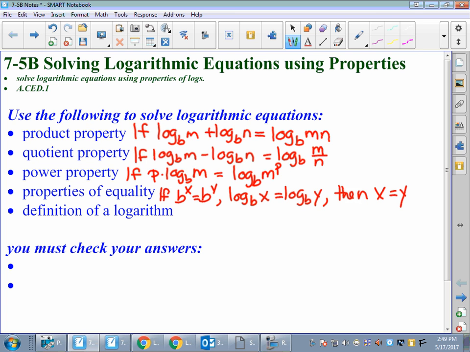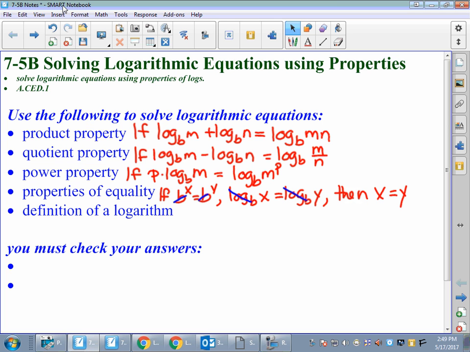That power property of equality is really saying you can eliminate the bases and set the exponents equal to each other, or you can eliminate the logs themselves and set the things they're taking the log of equal to each other.